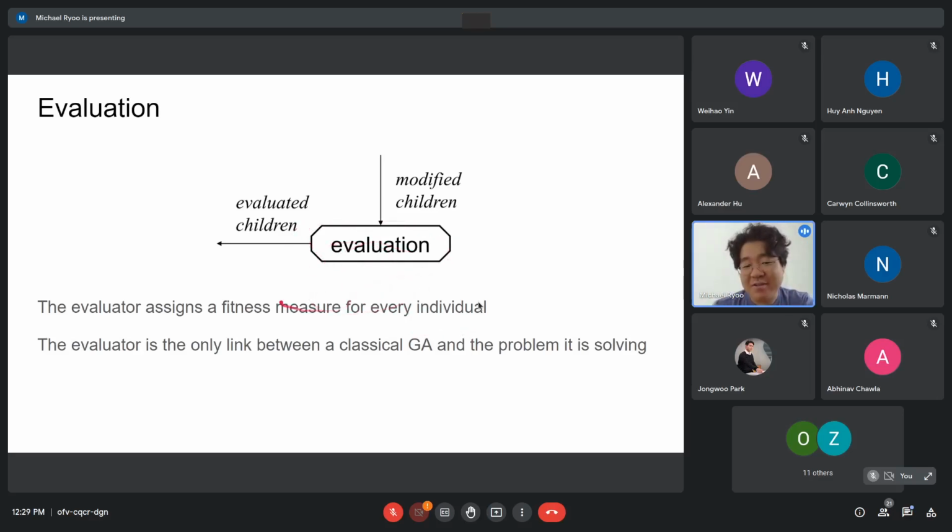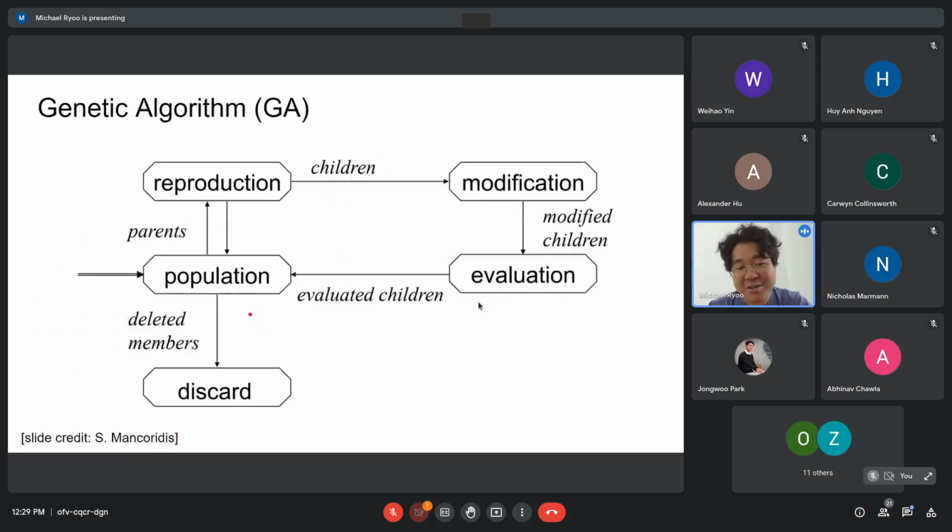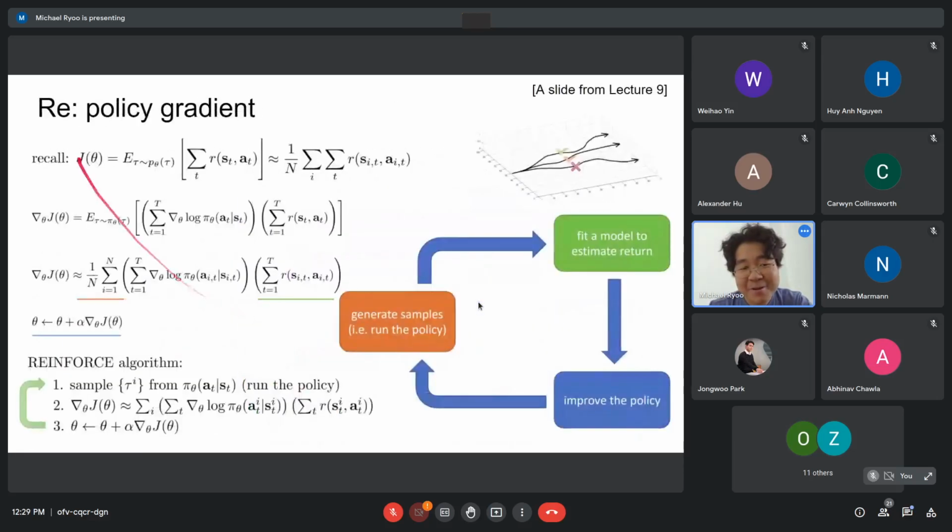So you need to make your fitness the score of what you are trying to maximize, which is this J function in our case.